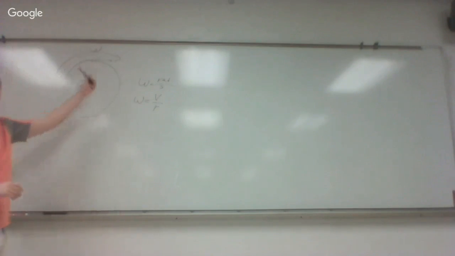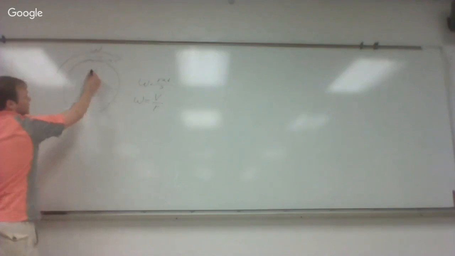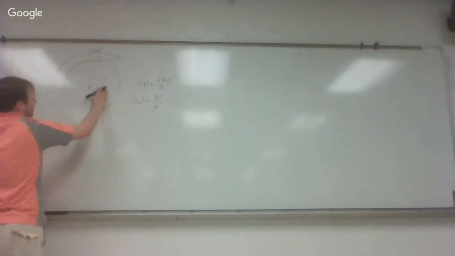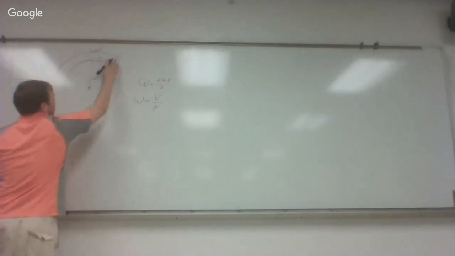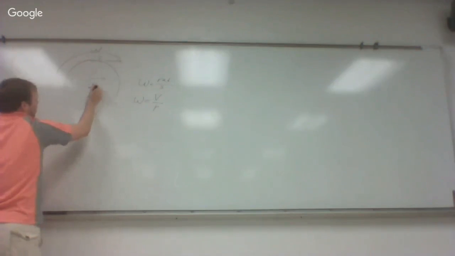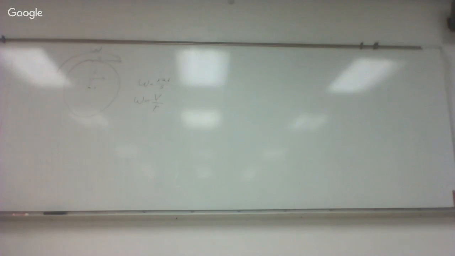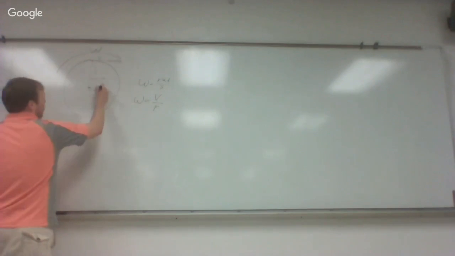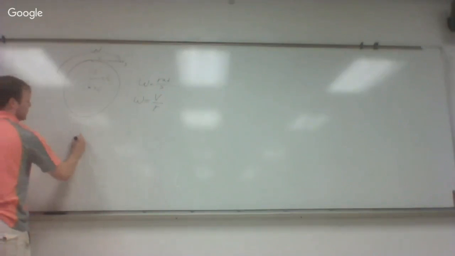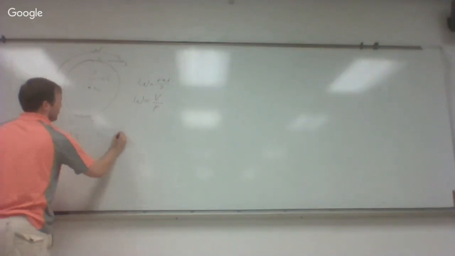But this angular velocity is the same, okay? But this linear velocity is going to change based on radius. Say that this one is much greater than this one. If we go 1, 2, 3, we can say V3 is greater than V2.